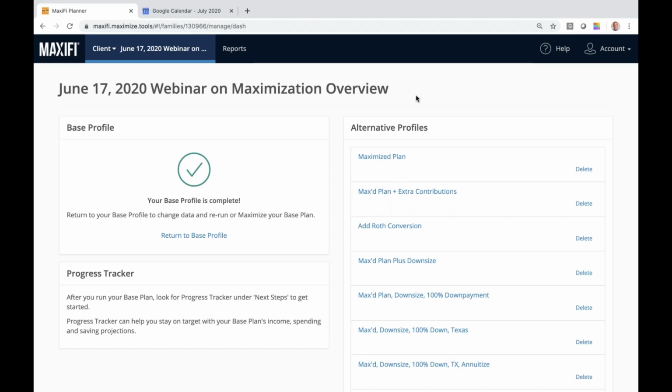Now, there are ways to jury rig a reverse mortgage in Maxify. You could look at the assumption setup as an alternative profile where you take out the money, you actually live to your maximum age of life, and you have this extra money, and you specify that there's a special expenditure at the very end of your life.